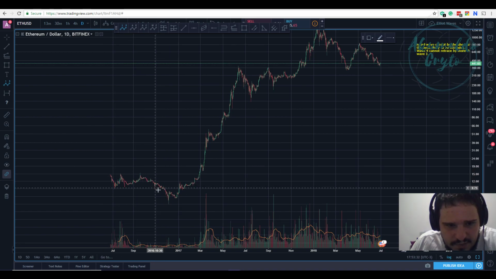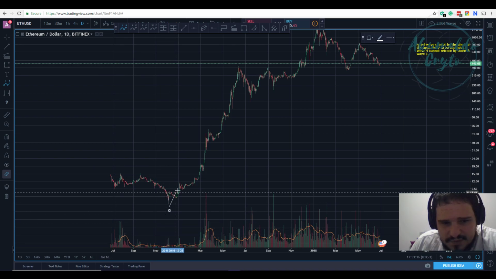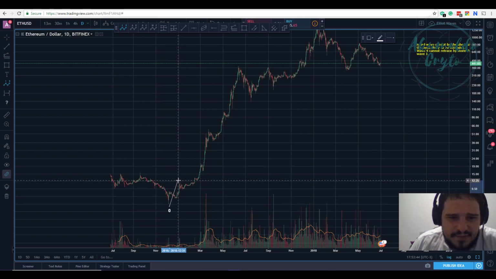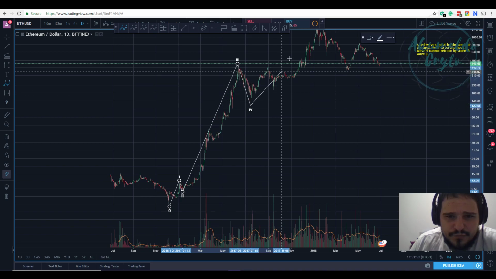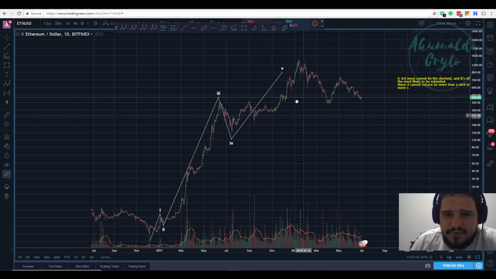So then we see this parabolic dump. Here we will start our wave 1. If we start this as our wave 1, what is wave 2? I would say here. Wave 2, 3, 4, and then our wave 5.